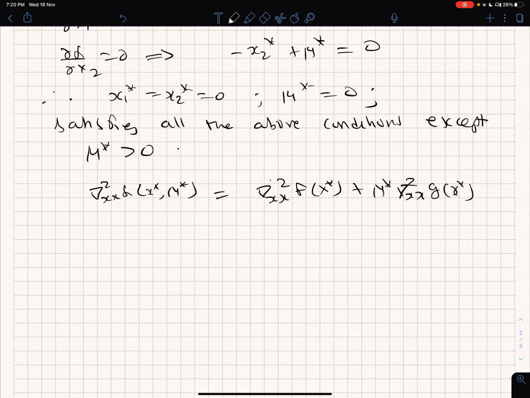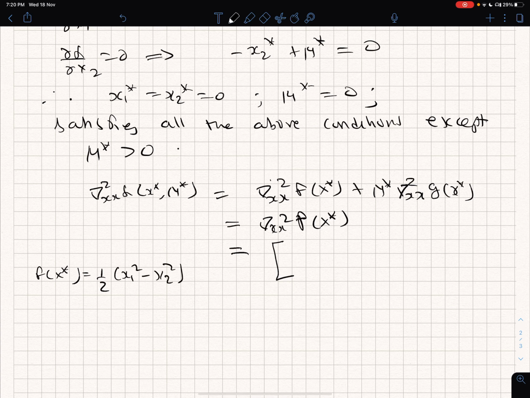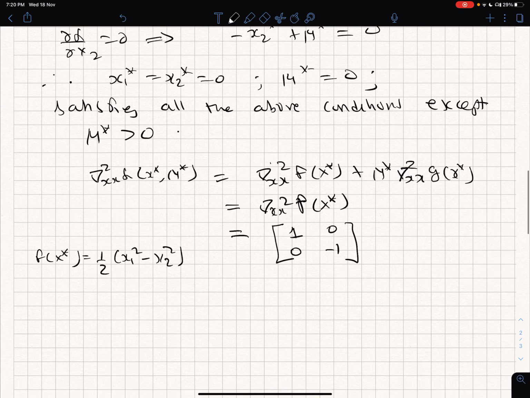But because the constraint is only a linear function, the second order derivative is 0. So you have to just look at the Hessian of the objective function only. And what is f of x star? It is half of x1 square minus x2 square. So this diagonal will turn out to be 1. Off diagonals, there is no coupling between x1 and x2, so they will turn out to be 0. And the second derivative here will turn out to be minus 1.